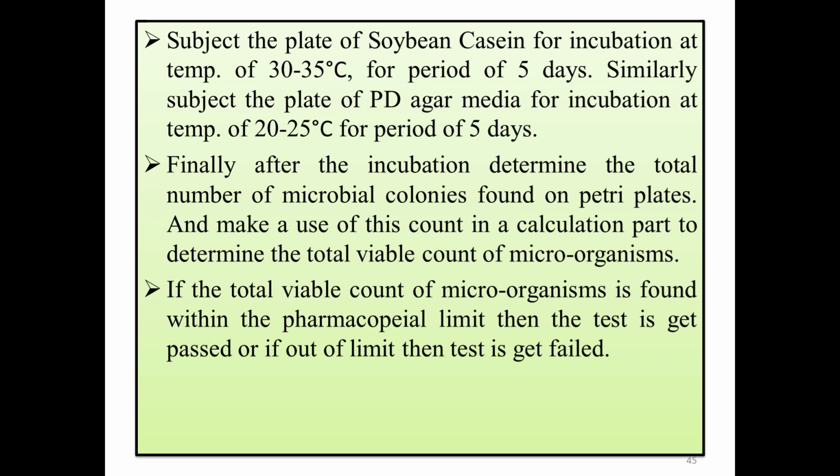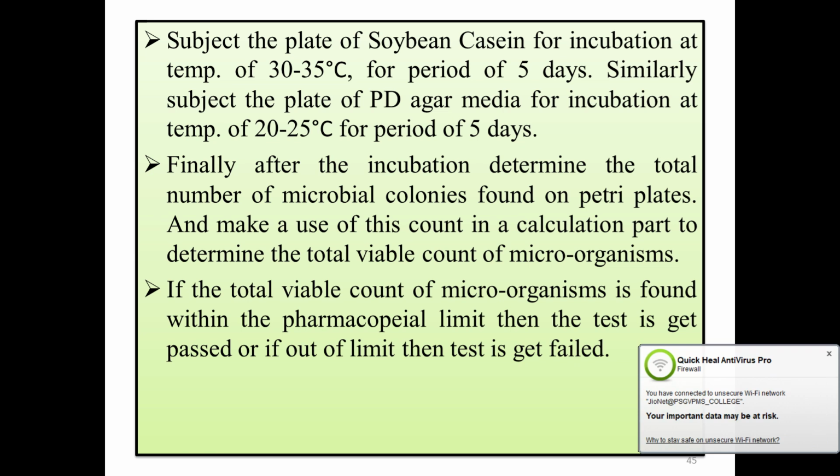So after counting the amount of microorganisms present in the media, we will check the pharmacopoeial limits for the specific samples, as mentioned in the monographs, that is, how much limit can be tolerated for this specific sample.